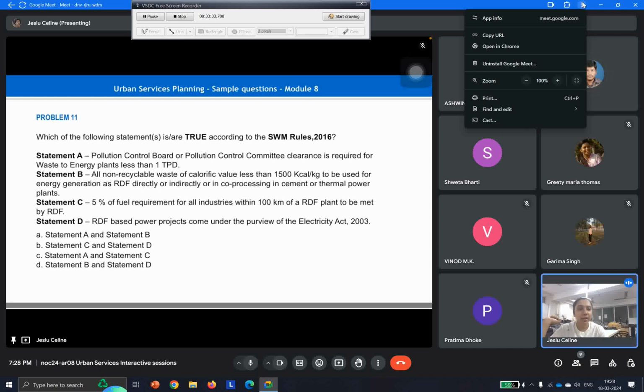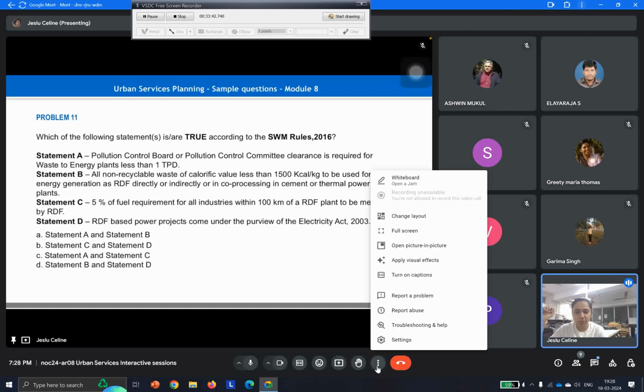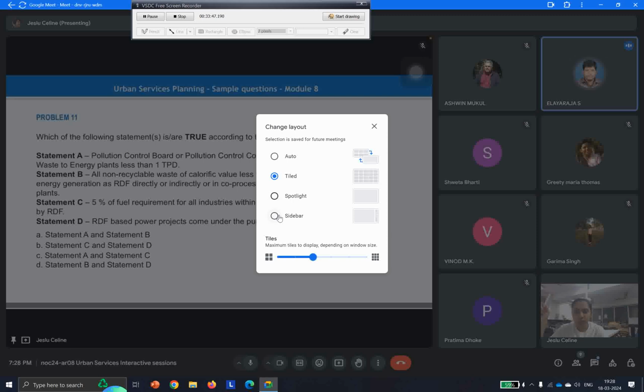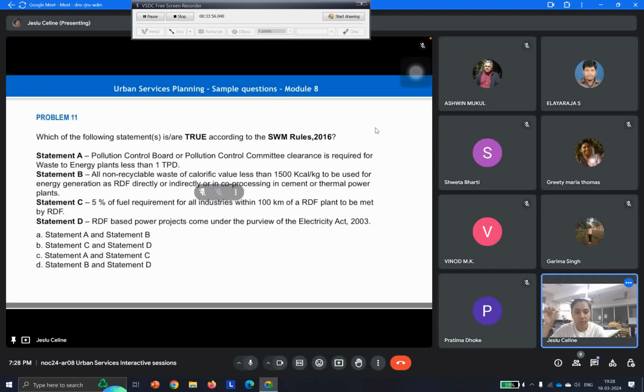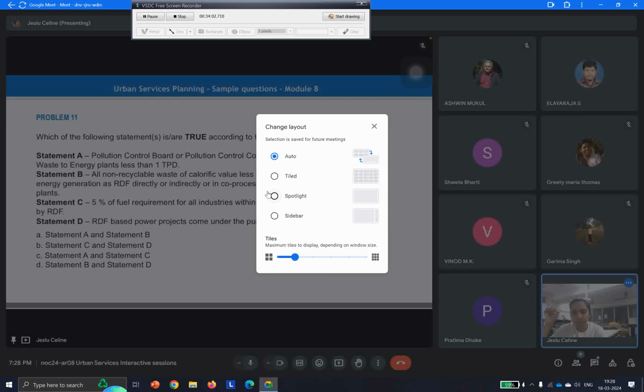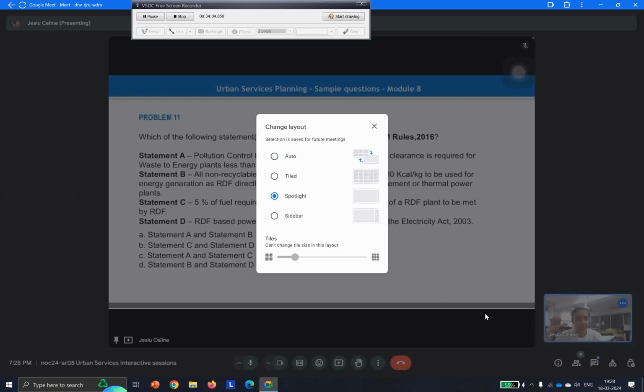Okay, slide on one side and group on the other side. That's how it is now, right? Okay, can I change the layout? Change layout. If I change this, it wouldn't just change for me. Okay, I've changed the layout. Let's say spotlight. Is this better?